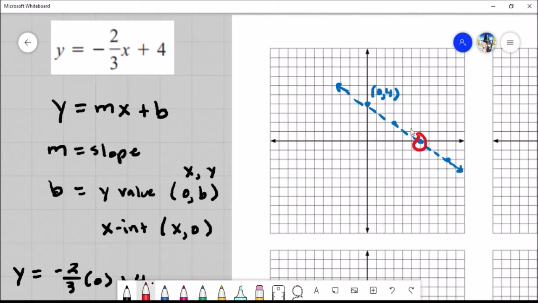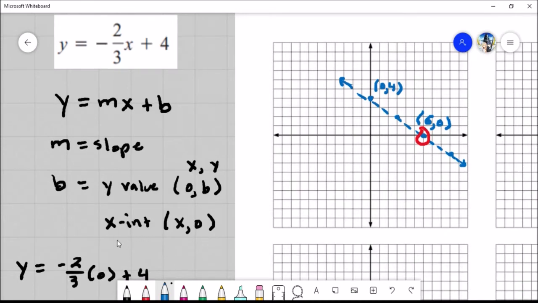It is the point (6, 0). Because the x-intercept is the ordered pair that has some value x, and the y value is always 0. And you see here, that's exactly what we have. The x value is a 6, and the y value is a 0.